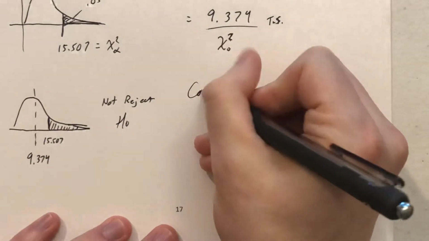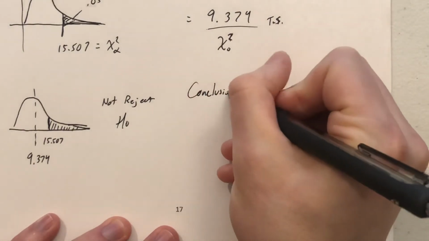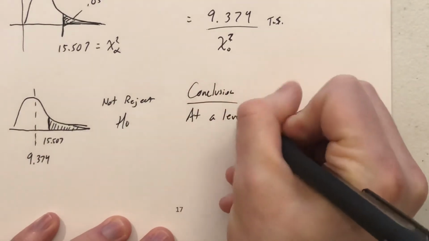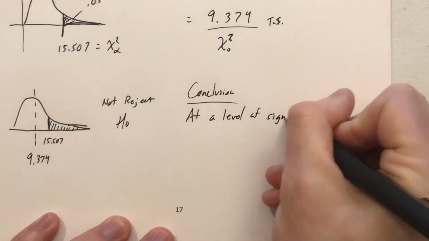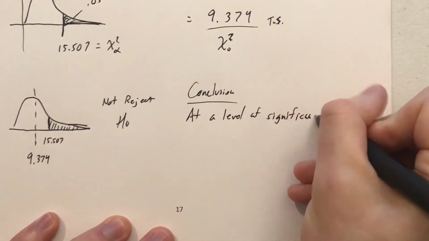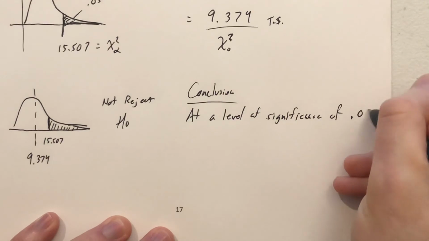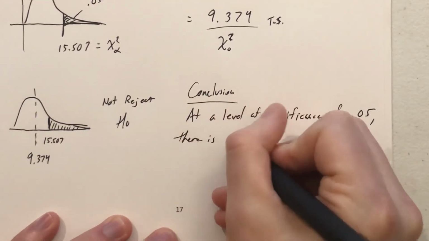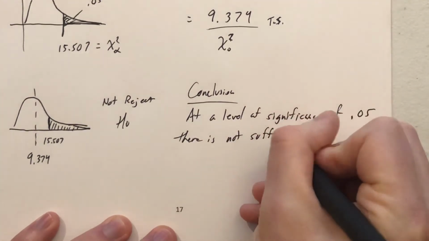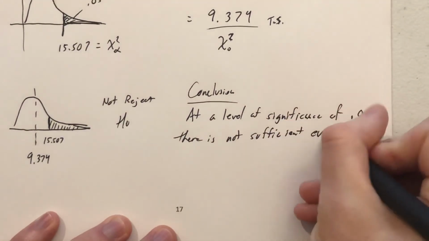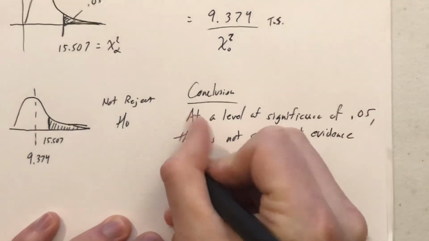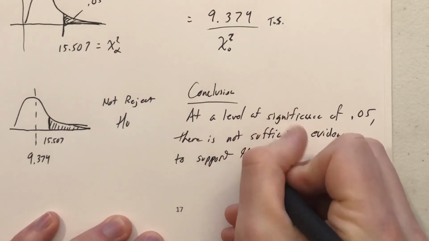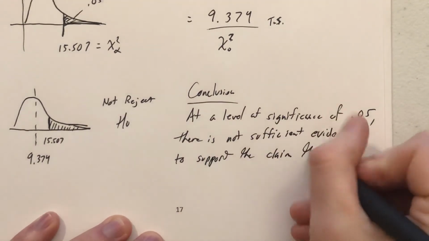And so for our conclusion, we can say at a level of significance of 0.05, if we're not rejecting, we say there is not sufficient evidence to support the claim.